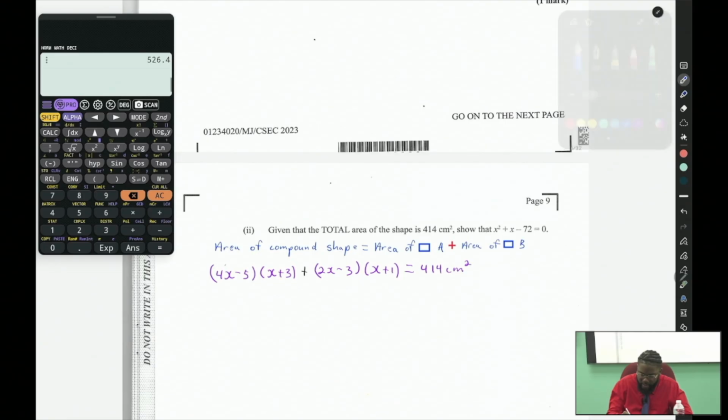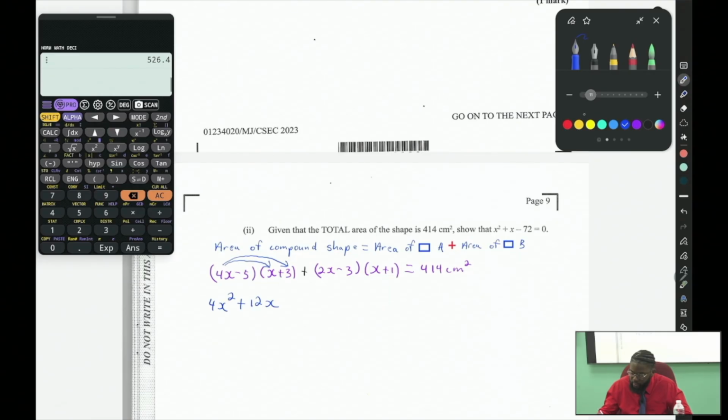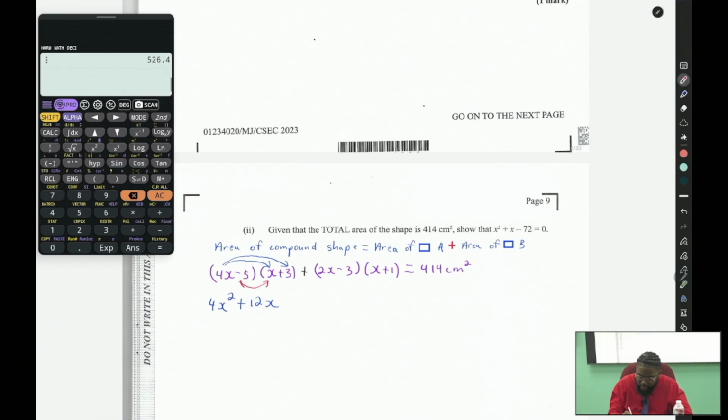Expanding the left-hand side, we're going to distribute. So we're going to have 4x multiplying the x, 4x multiplying the 3. So we're going to get 4x squared plus 4x times 3, 12x. Then next, we're going to multiply the negative 5 times x, negative 5 times the 3. So we're going to have negative 5x and then negative 15.